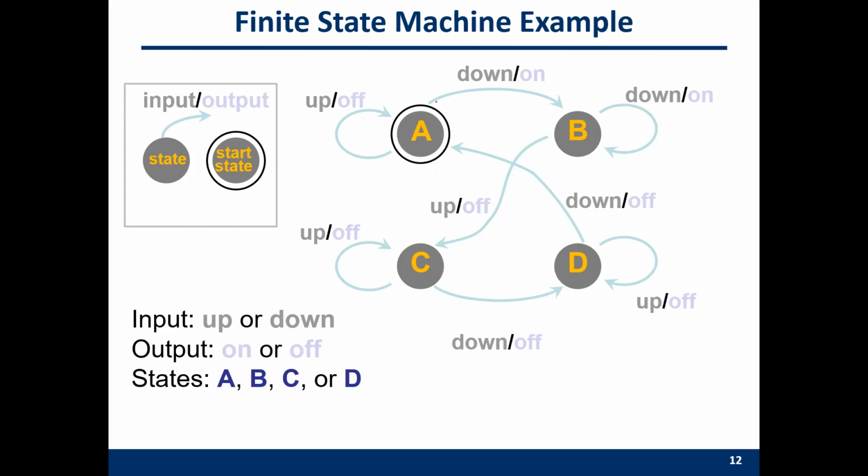You can start from here. And the output depends on the current state, which is A, and the input. When you have an input, you get an output and you can transition to another state.